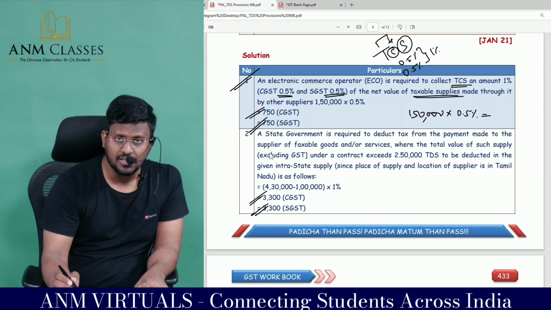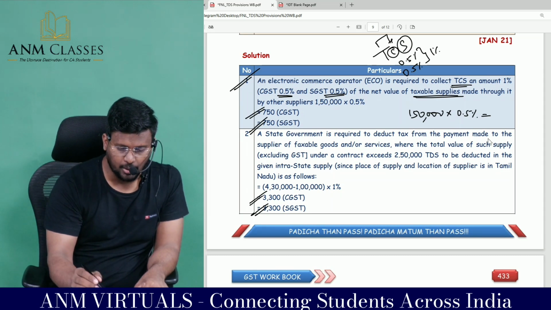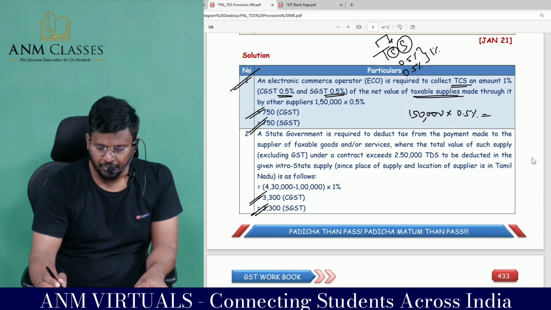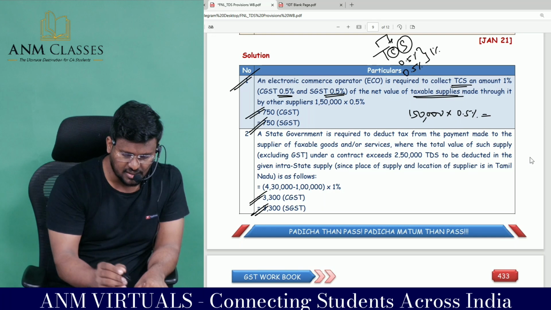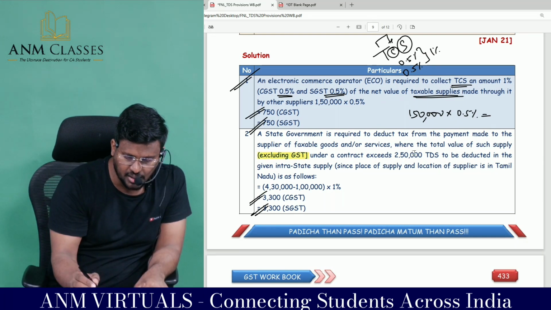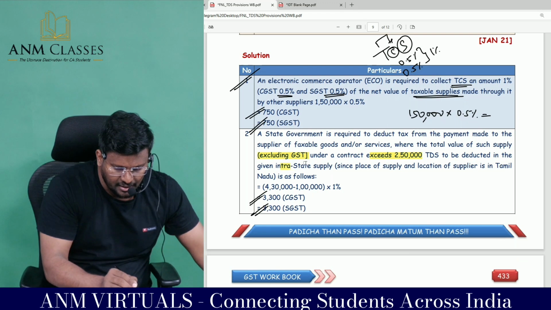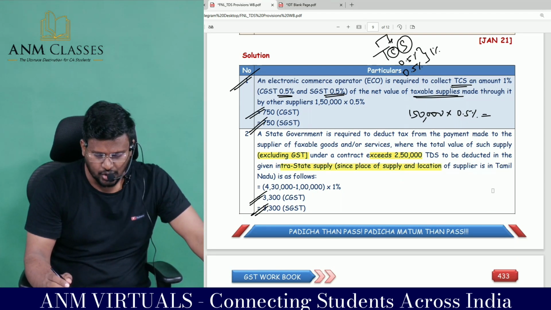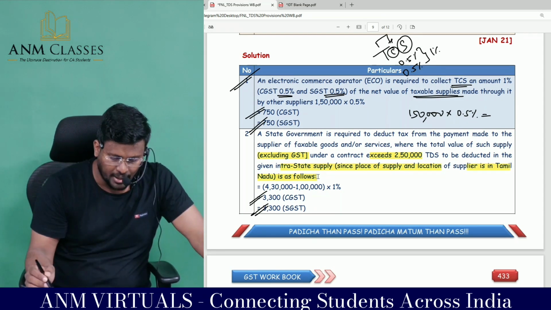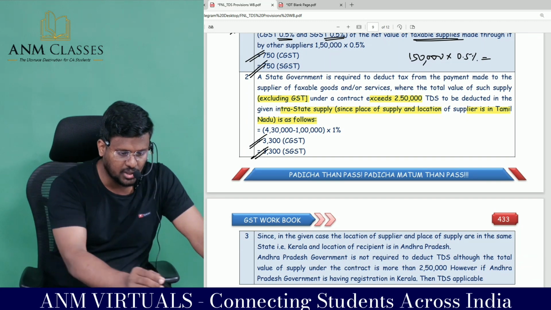A state government is required to deduct tax from the payment made to the supplier of taxable goods or services, where the total value of such supply, excluding GST, under a contract exceeds 2,50,000. TDS to be deducted in the given intra-state supply, since place of supply and the location of supplier is in Tamil Nadu, is as follows: 3,300 and 3,300.